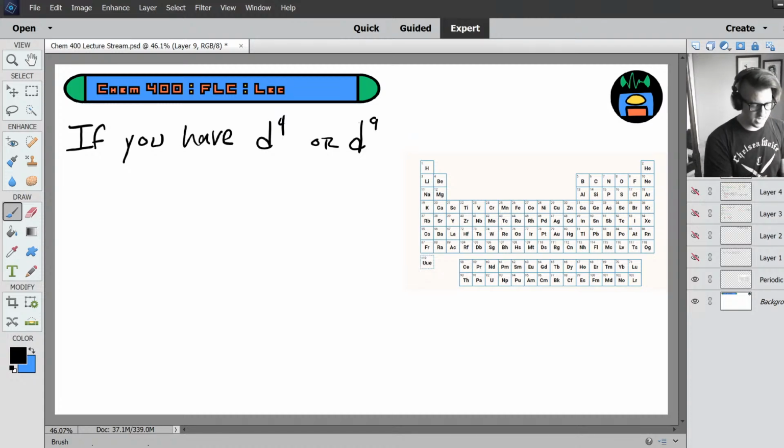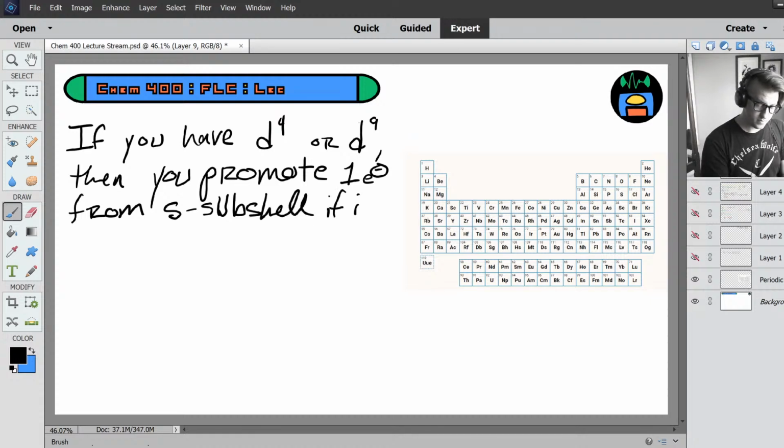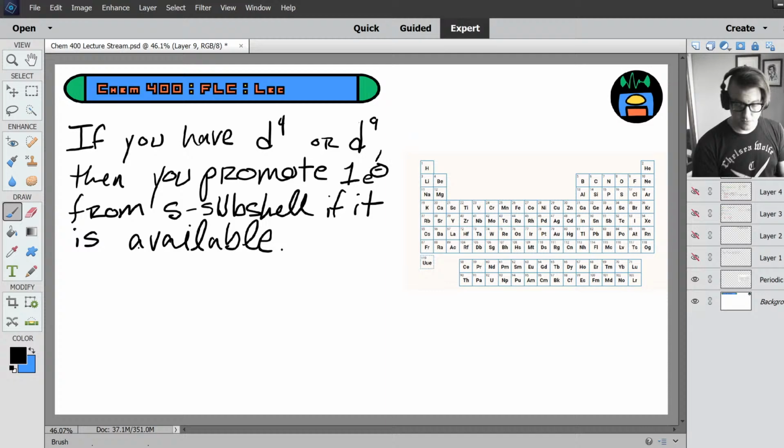If you got d4 or d9, then you promote 1 electron from the s subshell, if it's available.